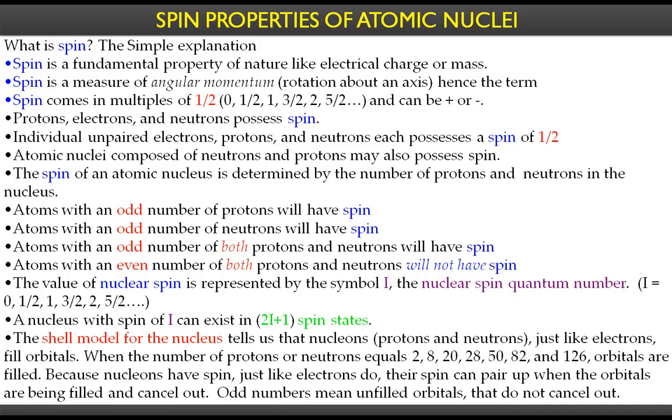As we learned in proton NMR spectroscopy, atoms which have an odd number of protons will have spin. Atoms with an odd number of neutrons will have a spin. Atoms with an odd number of both protons and neutrons will have a spin, but atoms with an even number of both protons and neutrons will not have spin, and they are magnetically inactive.